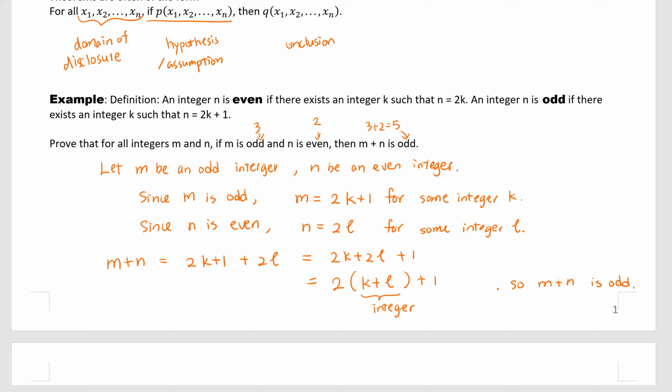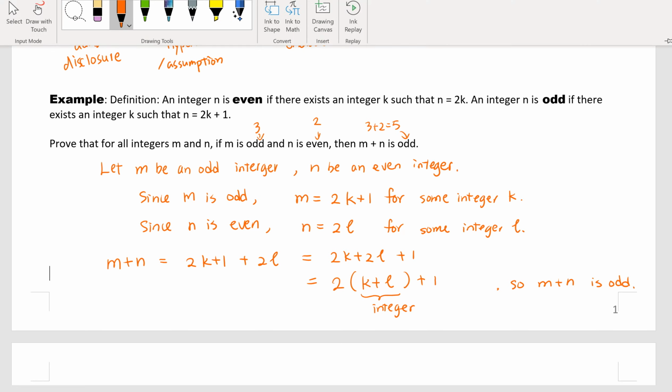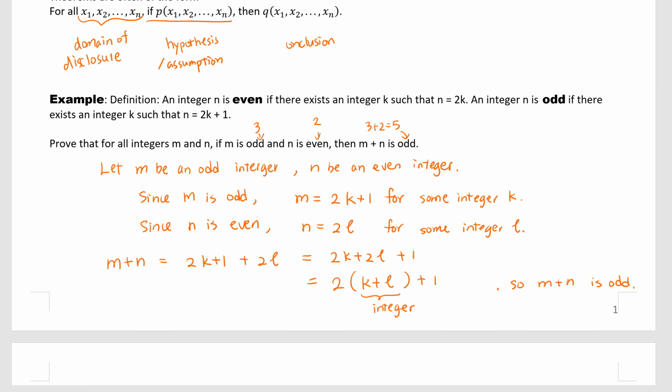Here I want to emphasize that when we do a proof, it's really like building bridges. We have two islands. The first island is our hypothesis, and the final destination is our conclusion. How to connect them?